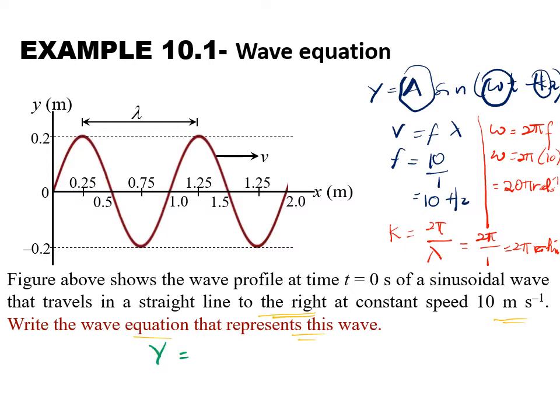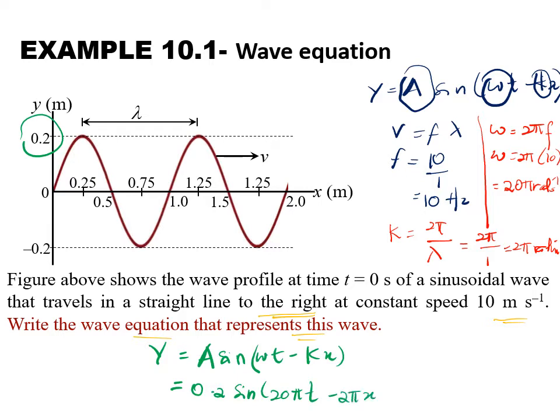Okay, so to fill in this wave equation, y equals A sine (omega t minus kx), we just substitute. The amplitude is 0.2 meters, sine, our omega is 20 pi t minus our k is 2 pi x.